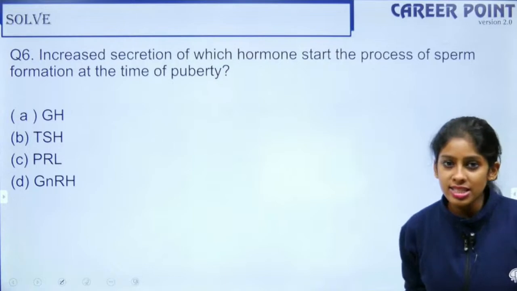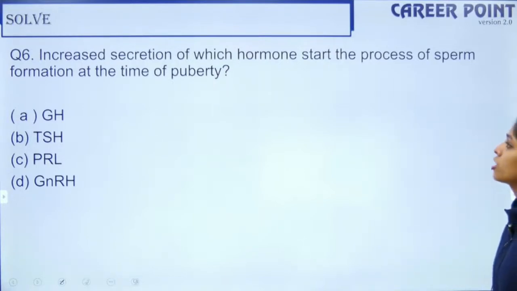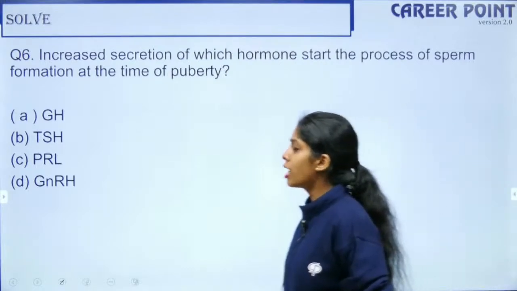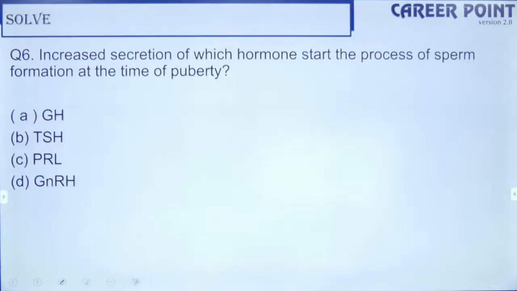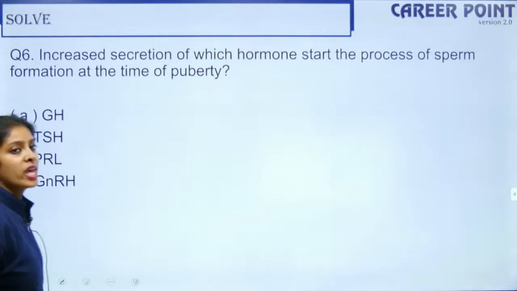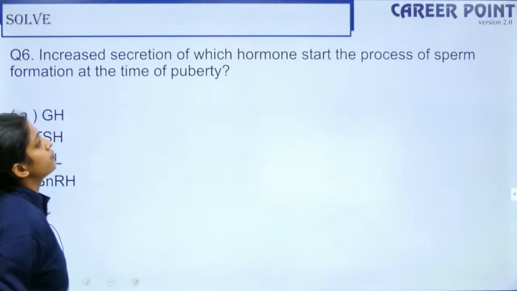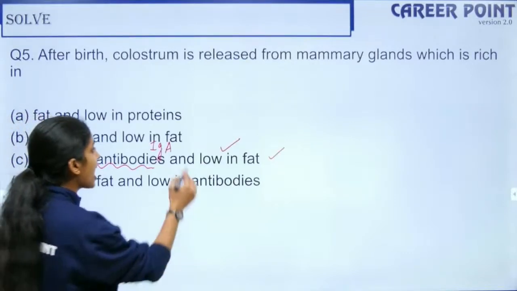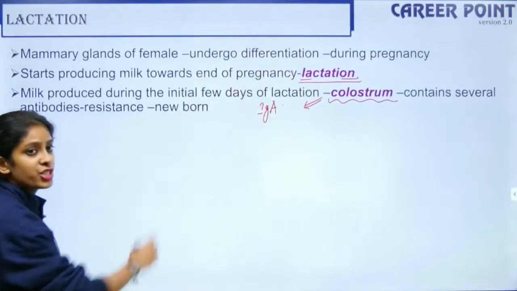Fine. So question 6. Increased secretion of which hormone starts the process of sperm formation at the time of puberty? Growth hormone, thyroid stimulating hormone, prolactin or your GnRH, gonadotropin releasing hormone. Where did I say IgG? I said IgA for colostrum. So we are talking about colostrum, IgA.